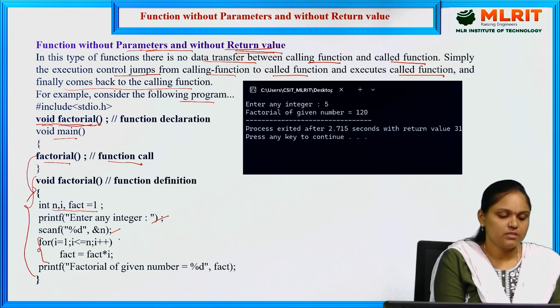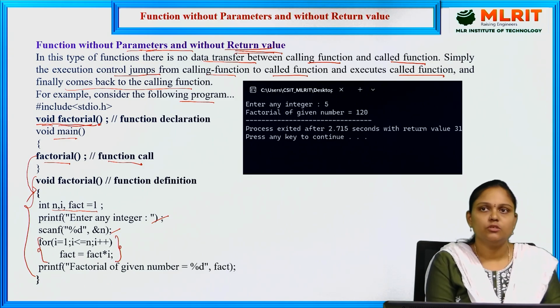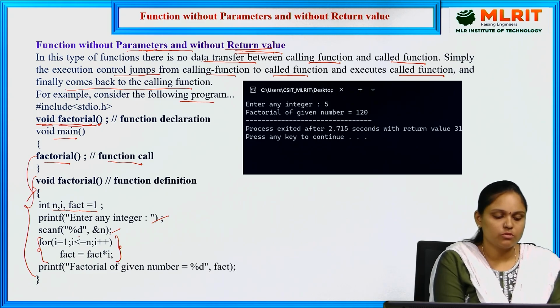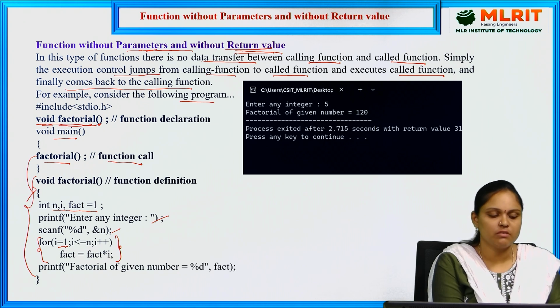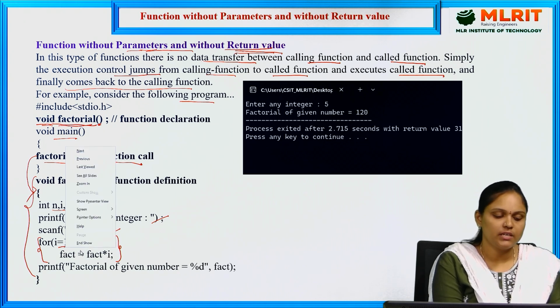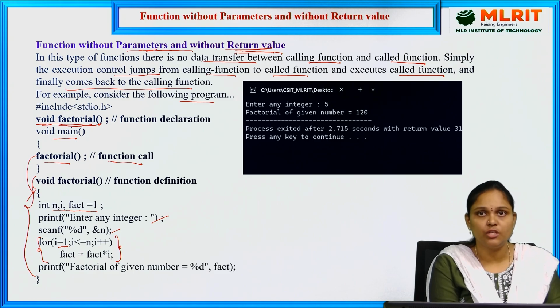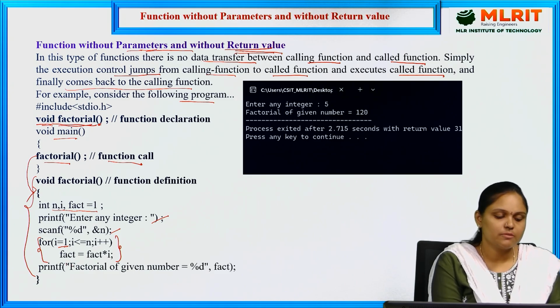And these 2 lines are the code that we have written to find the factorial of a number. The code is for i equals 1, and we are multiplying the numbers from 1 to n. That is the reason why we are taking i as 1, and the condition we have written is i less than or equals to n. Till n we need to repeat this loop. Inside this for loop we have written fact equals fact into i.